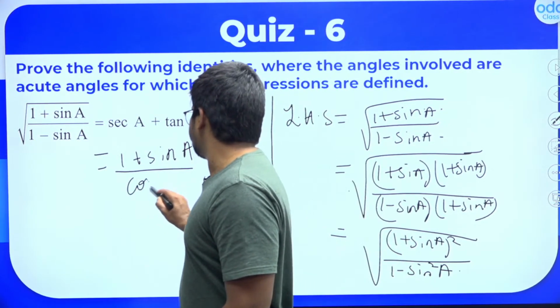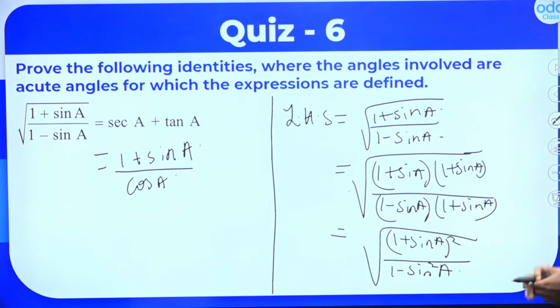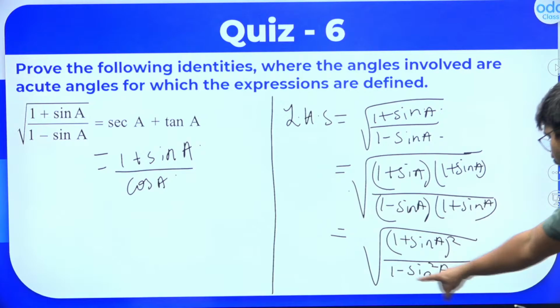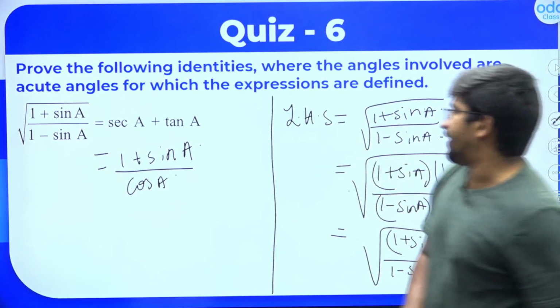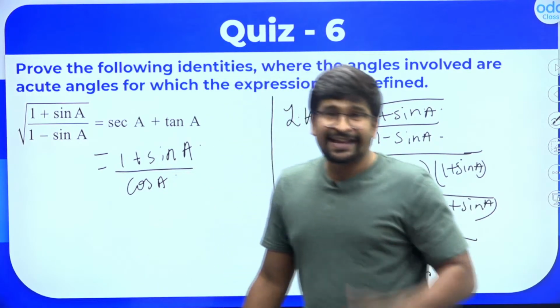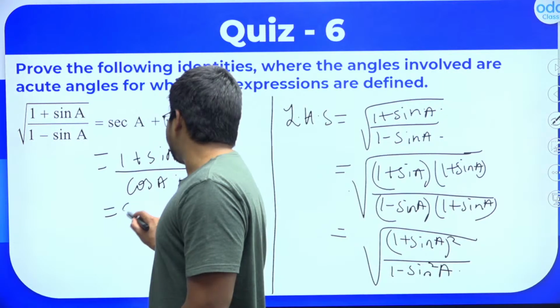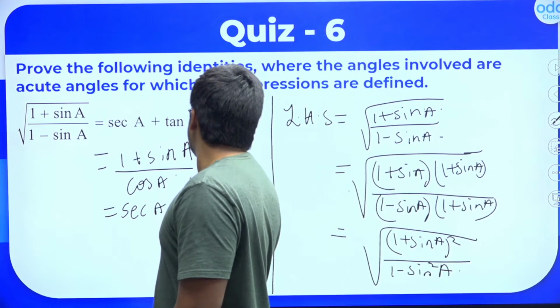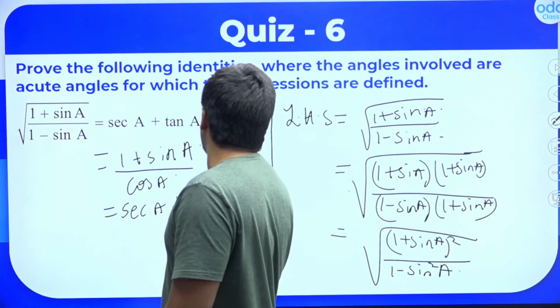It is cos A. So it will become 1 plus sin A whole divided by cos A, which is equal to 1 by cos A, which is cosec A, plus sin A by cos A, which is tan A, which is equal to RHS.